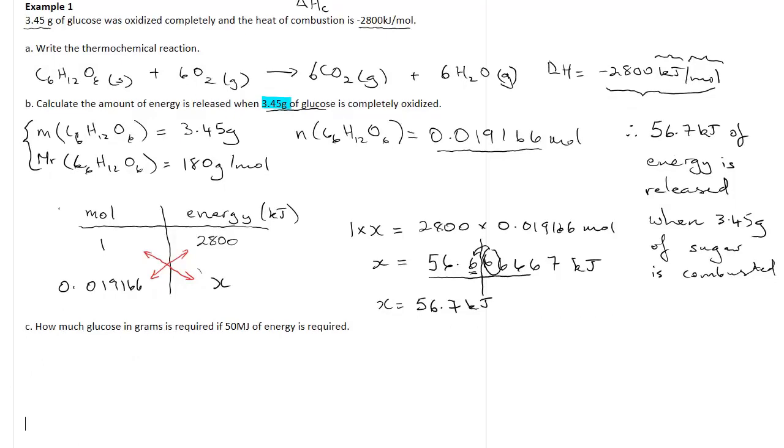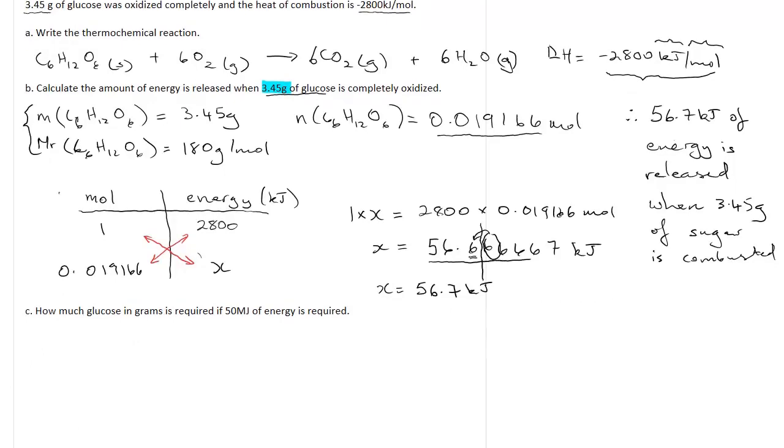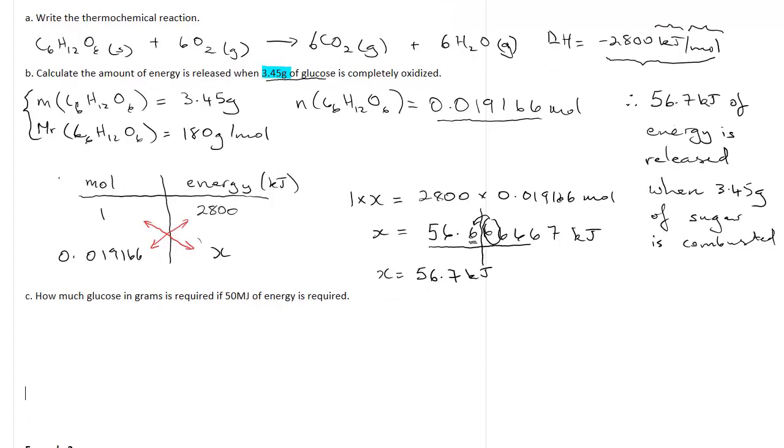Question C is asking how much glucose in grams is required if 50 megajoules of energy is needed. So our energy is equal to 50 megajoules.